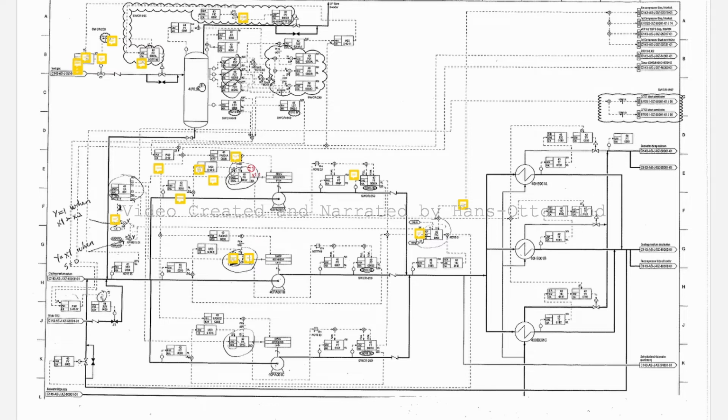Also the vessel functions like a pulsation damper in a way. If you get pressure variations here, those will be sucked up in the system. If you get too much pressure here, there is something sensing the pressure and dropping the excessive pressure out here to atmosphere.